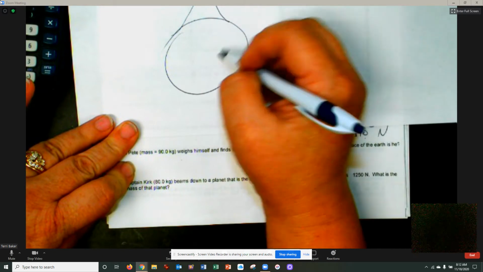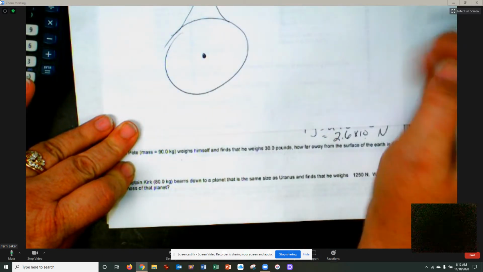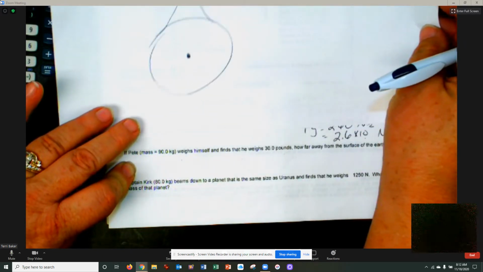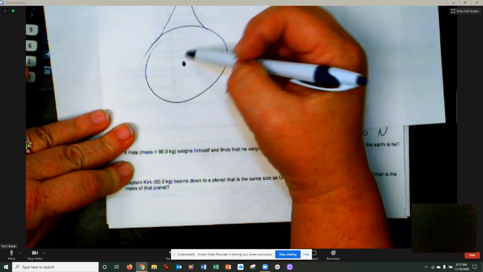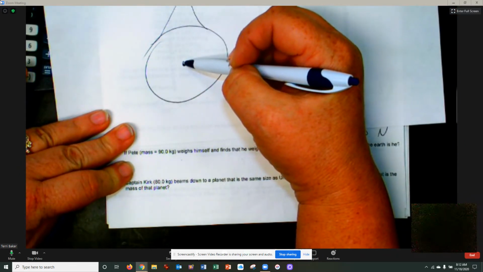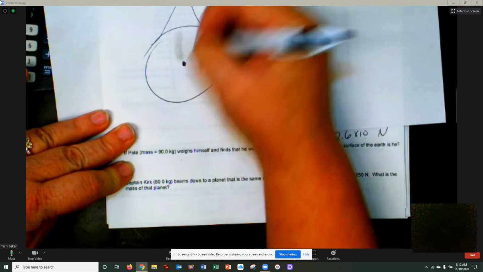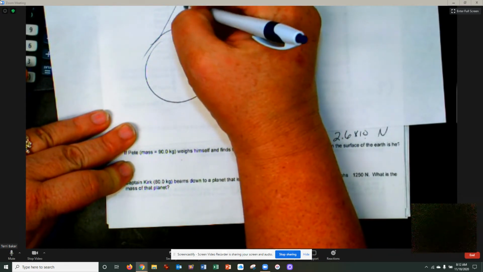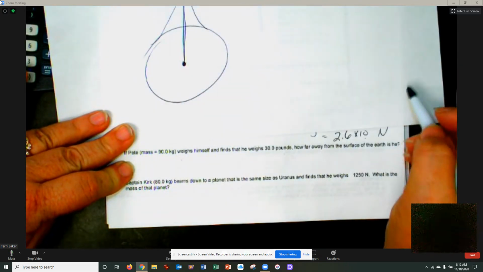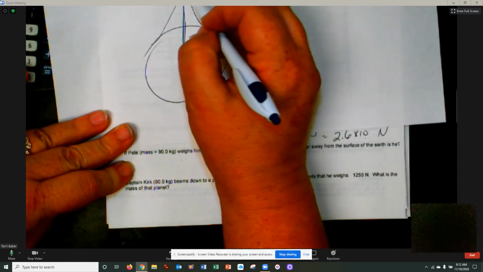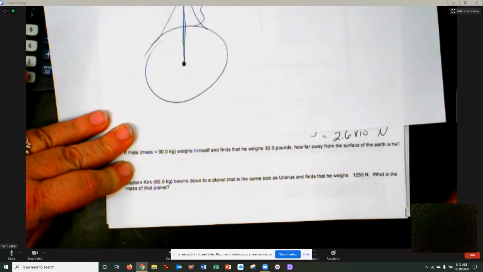Okay? So, we're going to find out if we calculate the distance between the center of Earth and the center of Pete, that is the R value we're going to find. They want to know how far above the Earth's surface is Pete.